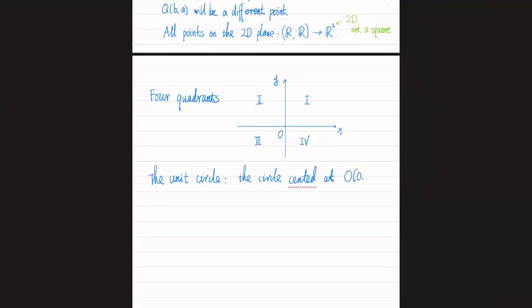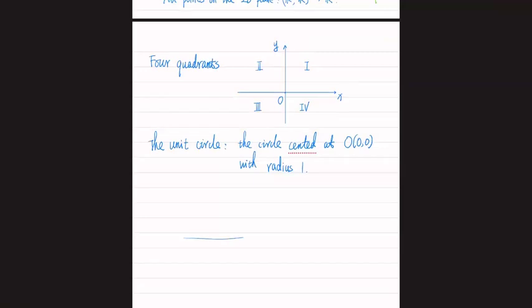The origin with x coordinate, y coordinate. Okay, let's just draw the circle. Now I label x.